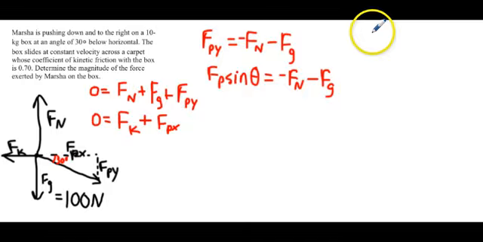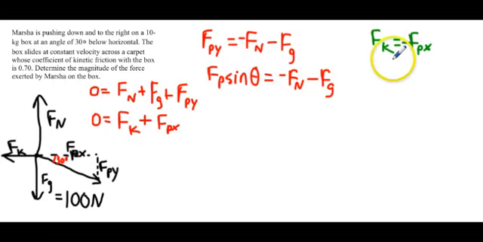Something else I know is that, rearranging the sum of the forces for the x direction, the force of kinetic friction would equal FPX, and I'd have to make one of those negative, so I'm going to make the FPX negative.